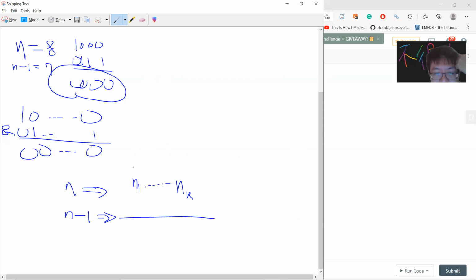So n1 must be 1, because this is the leading coefficient, which means that each term must be the difference of the original. So this one must be negative nk.